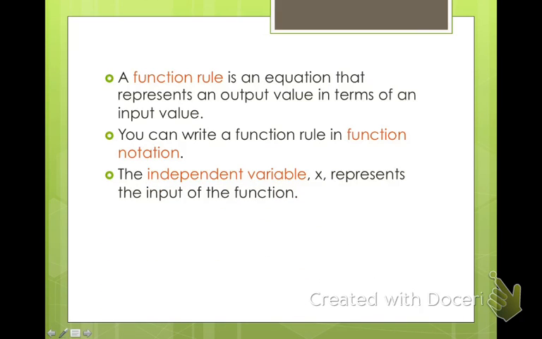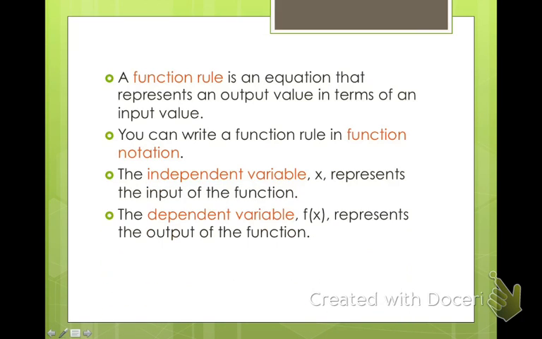And the independent variable x represents the input of the function, and the dependent variable f of x or y represents the output of the function. Because what we do when we solve these equations, we always put in values for x. So we always make values for that, and what you get for y depends on what you put in for x.